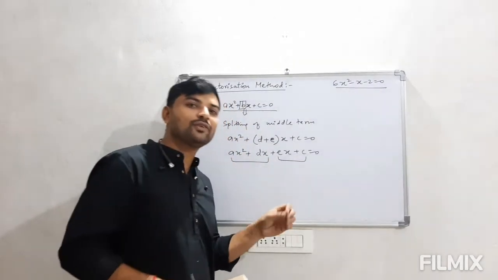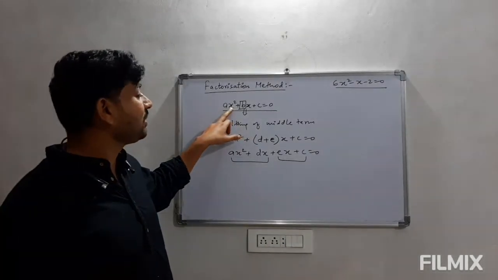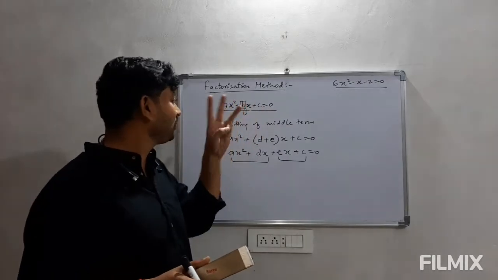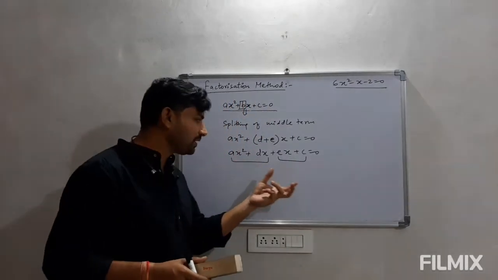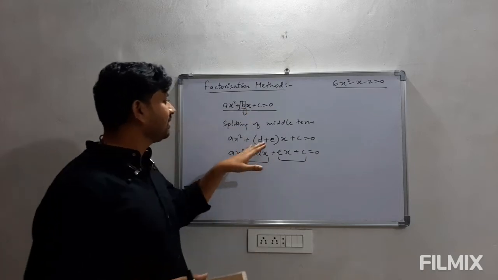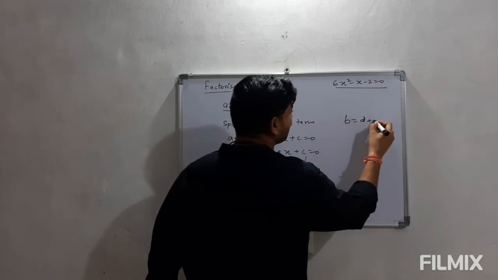Degree is 2, so there will be only 3 terms: the term with power x square, the term with power 1, and then the constant term. To take anything common we need 2 pairs, so we have divided the middle term into 2 parts like this, where I have used b is equal to d plus e.